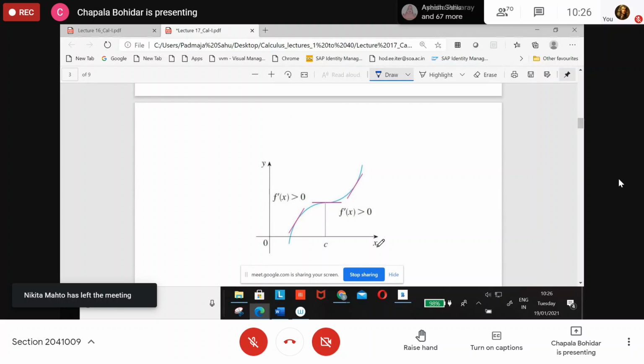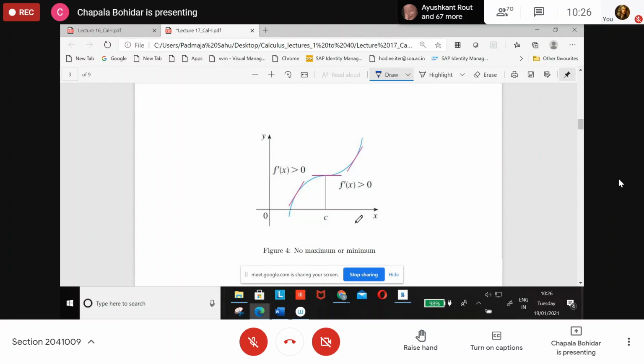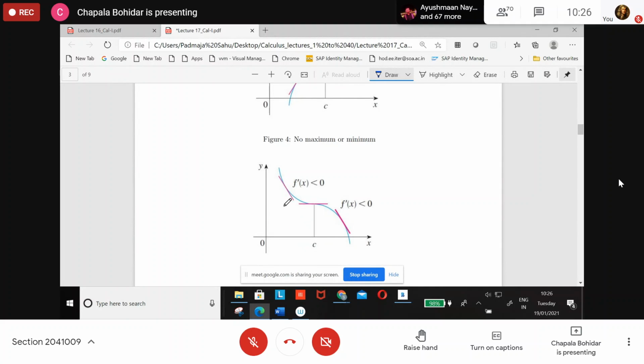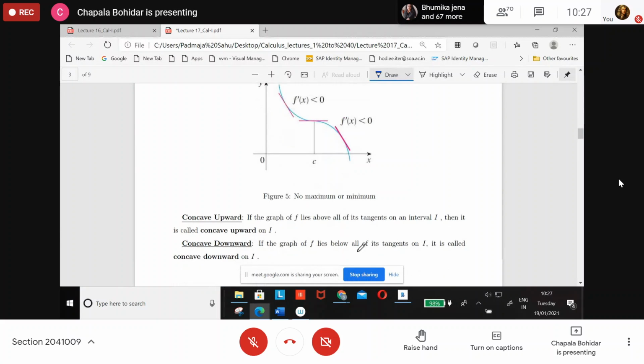Then both sides it is greater than 0, no maximum or minimum. On both sides it is less than 0, downward. So there is no maximum, no minimum here.